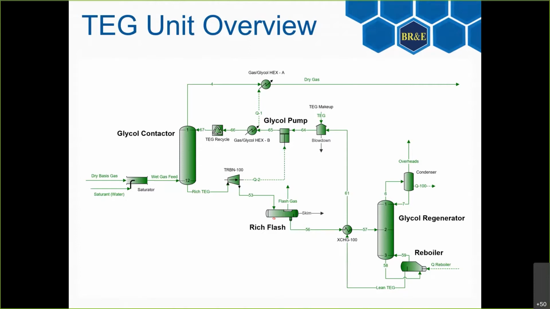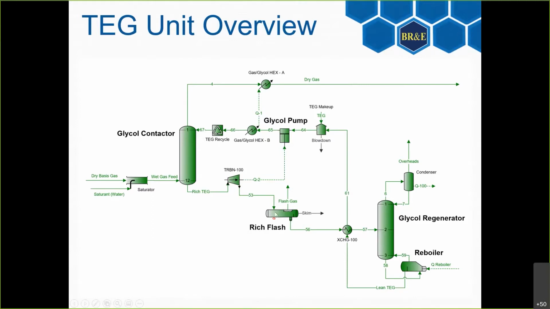So what we're going to do later in the process is reverse what we did in the contactor. We operated at high pressure and low temperature to promote absorption of the water into the TEG liquid phase. Now we want to reduce pressure as close as we can to atmospheric pressure and raise the temperature, because we want to boil off that water that's loaded into that TEG phase. To do so, we reduce the pressure at our rich flash tank.